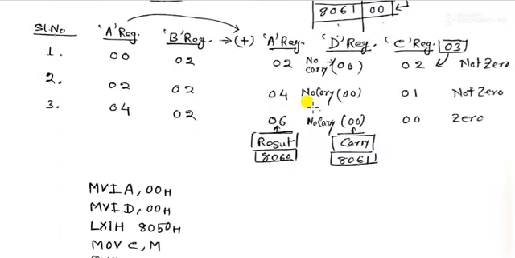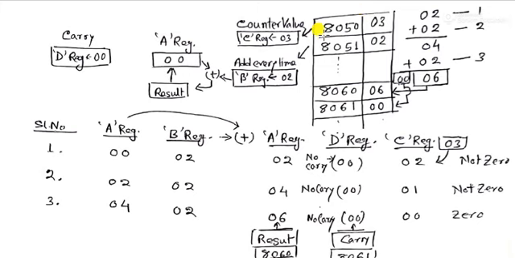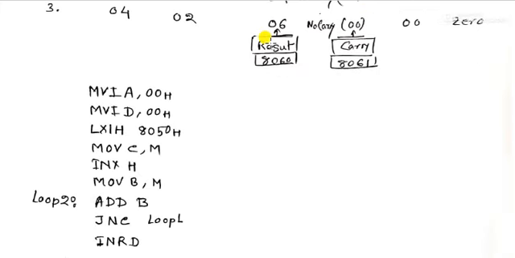Previously we also used LXI H. Through LXI H 8050, the address 8050 is loaded to the HL pair, and by this instruction MOV C, M, the M always indicates the HL pair content, which is the address location. The content of this address location moves to the C register.